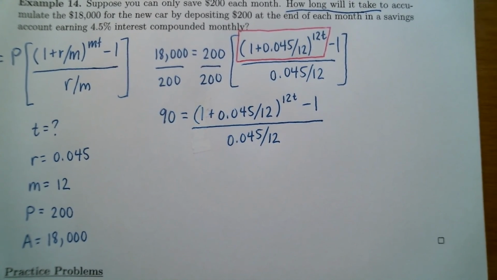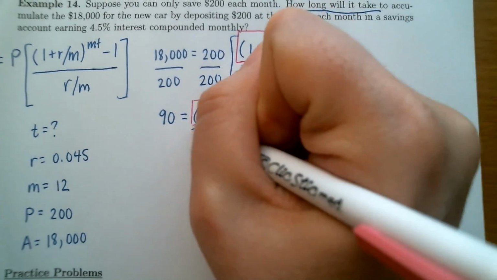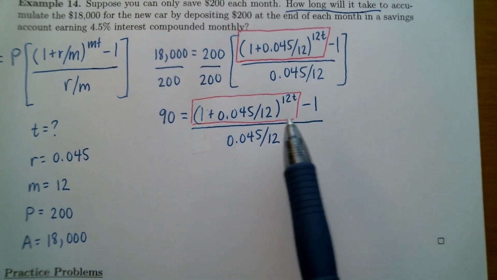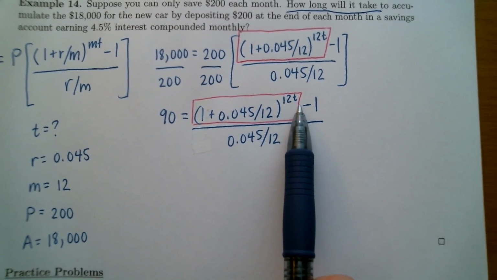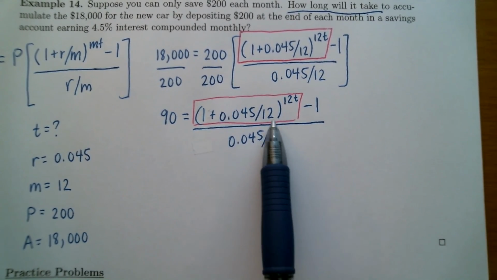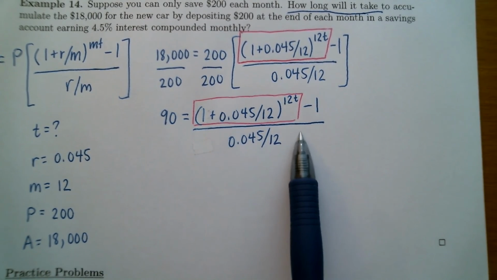You're still after isolating this guy. The next thing you do: the 1 is attached to the thing in the box. All this stuff is in the numerator. So our next step in isolating the thing in the box is getting rid of this, because it's in the denominator.